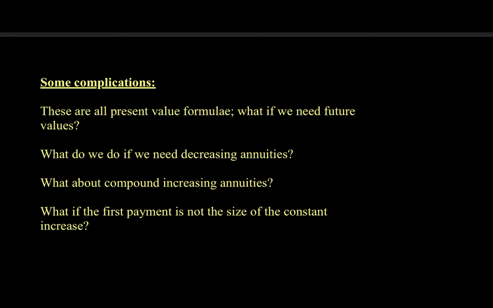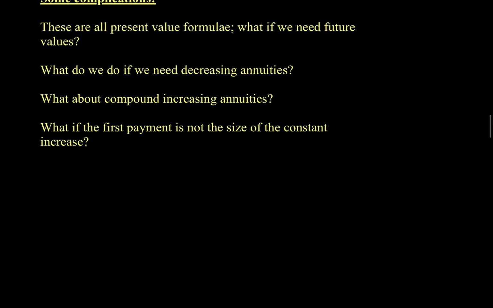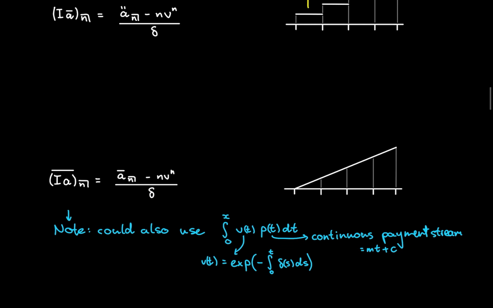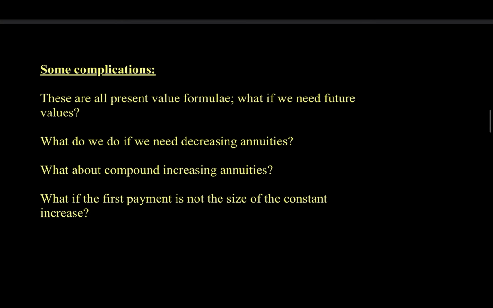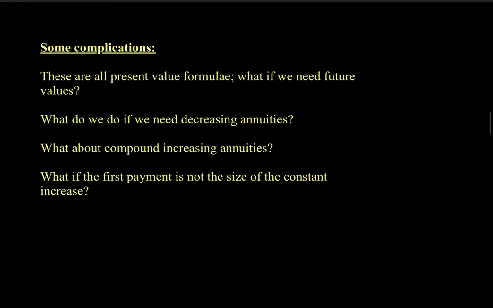Okay, then what do we do if we need decreasing annuities? So it might happen that you're asked to calculate the present value of some decreasing annuity or even future value, but you only know these formulae for increasing annuities, and there are formulae for the decreasing annuities, but why learn those when it's really not that much extra effort to just change your understanding slightly?